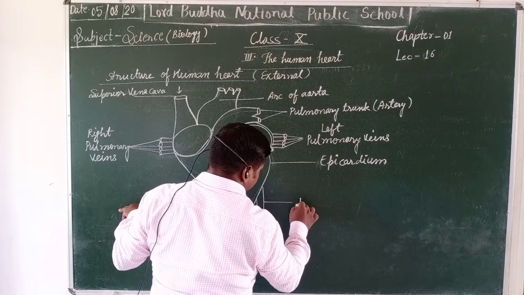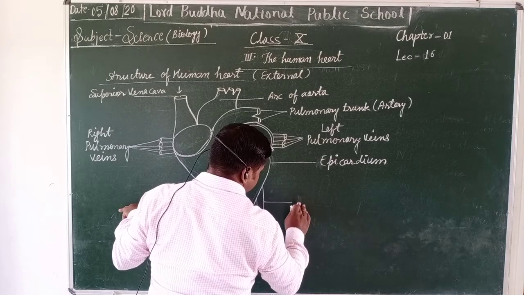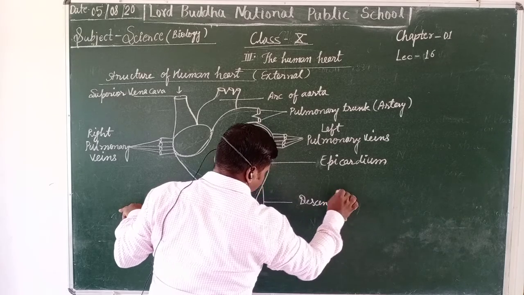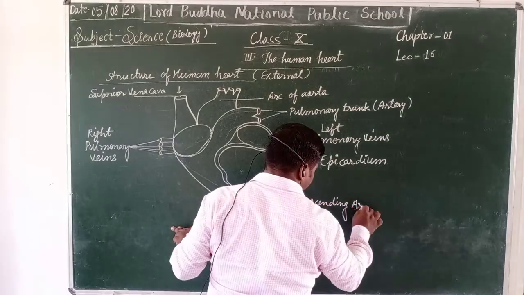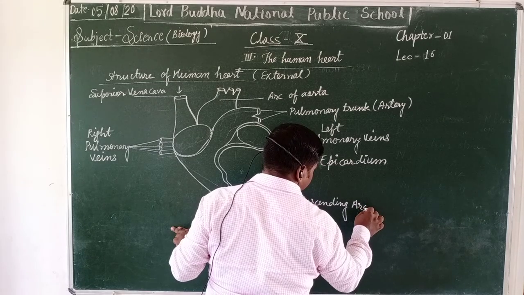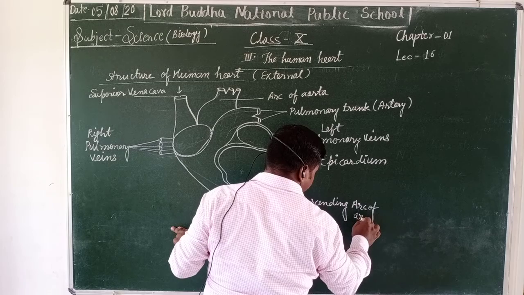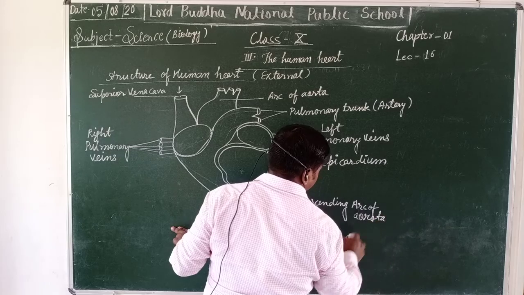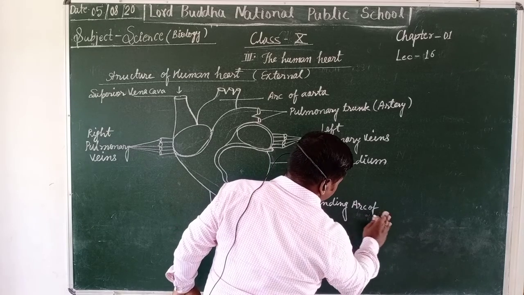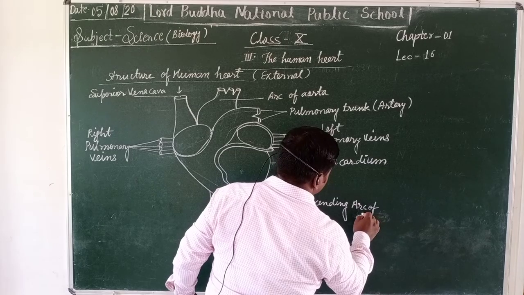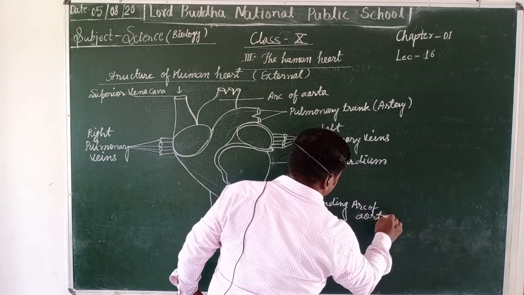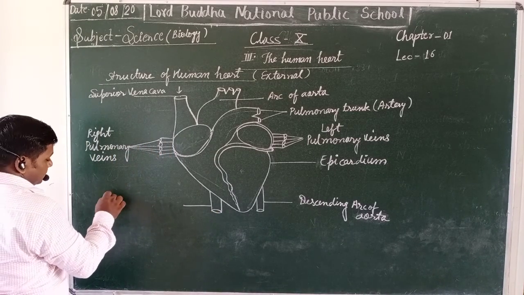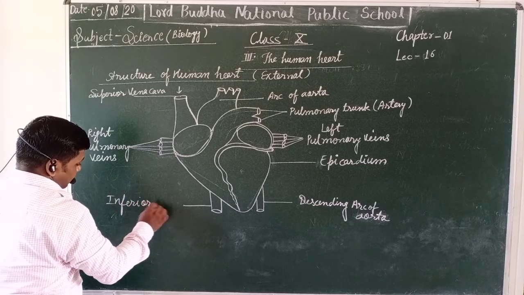This is the descending arch of aorta. And this is the inferior vena cava.